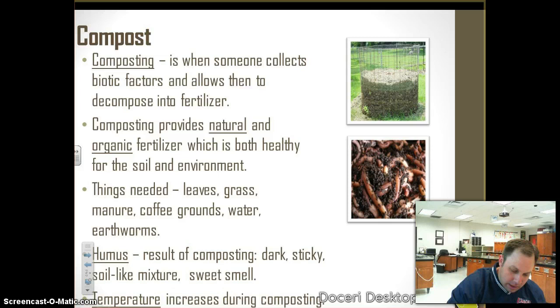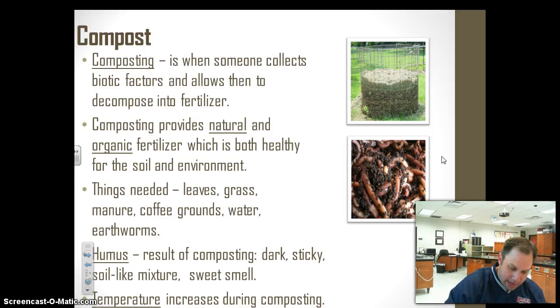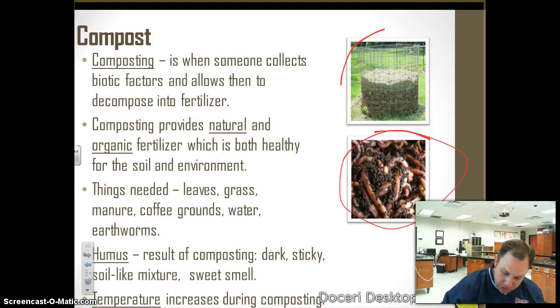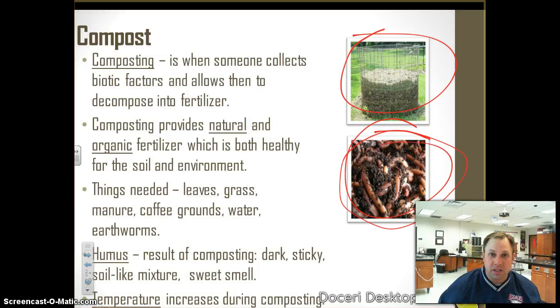We add things like our worms right here, and we put them into this bin, and our worms and fungus and other things cause this decay to happen, and these substances to rot and break down. We make the cycling of matter happen for our own benefit, because now we can take that substance, which we call humus, and use it to fertilize our gardens and make soil for our plants. It's kind of a human way of making the natural cycling of matter happen.